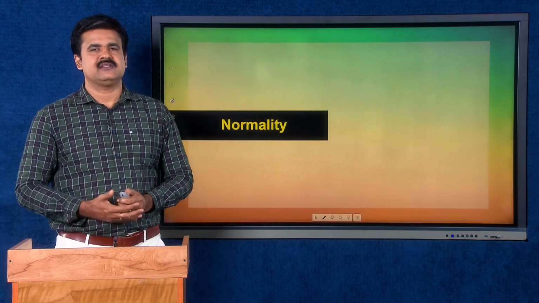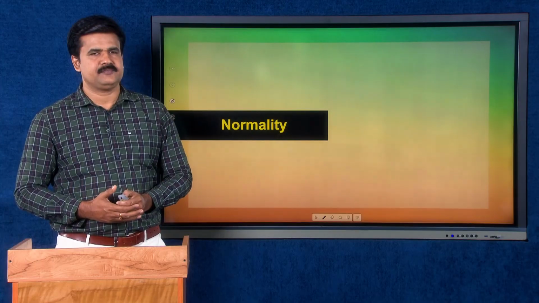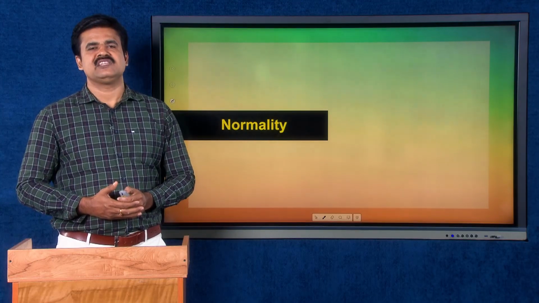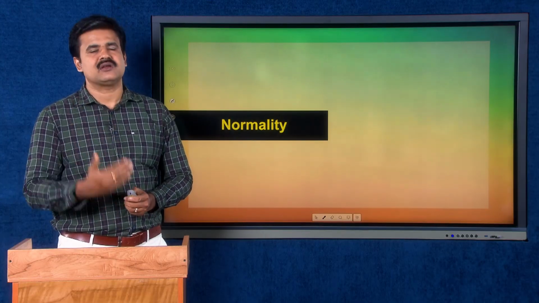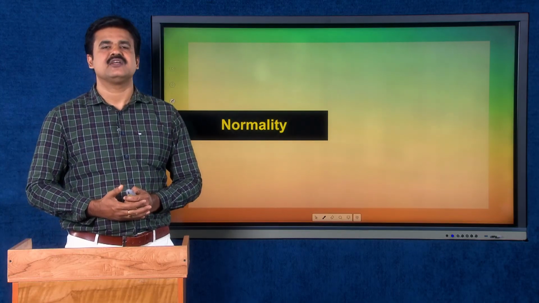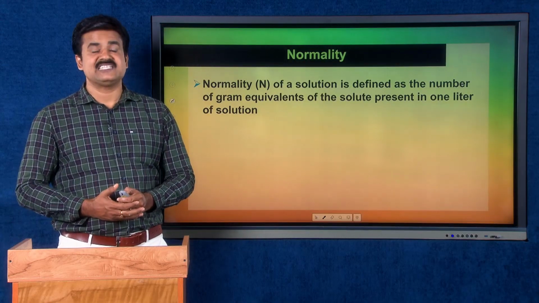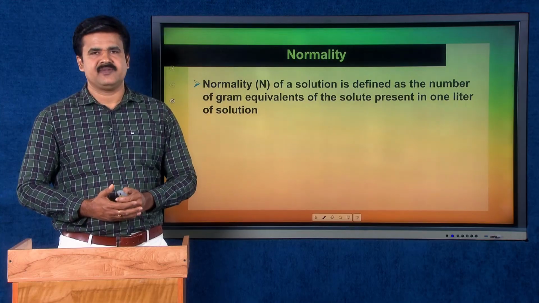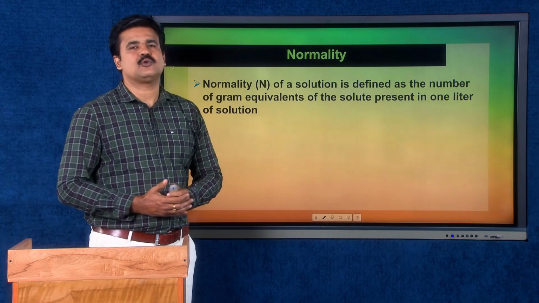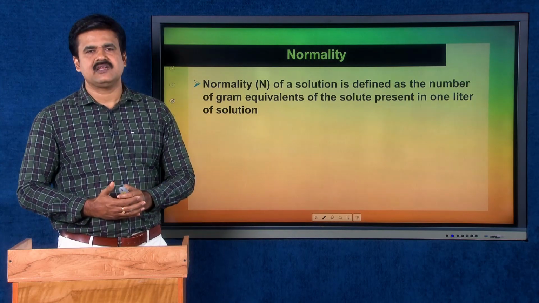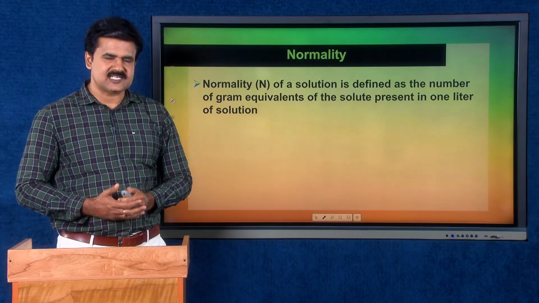You studied the two important concentration terms, molarity and molality. Similar to these two, we now have one more unit, that is normality. Normality of a solution, abbreviated as capital N, is defined as the number of gram equivalents of the solute present in 1 liter of the solution. 1 liter means 1000 ml.